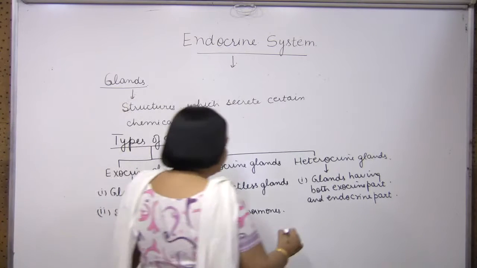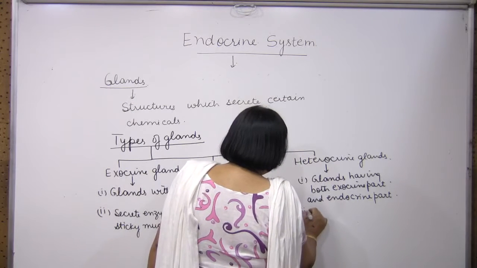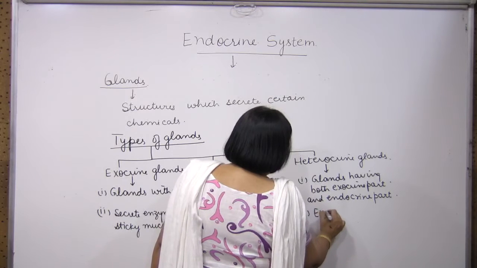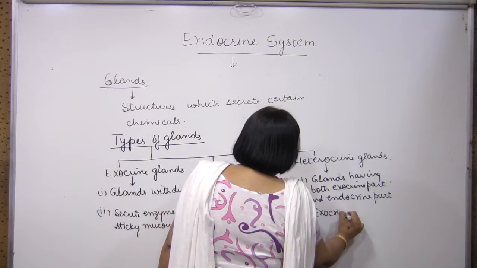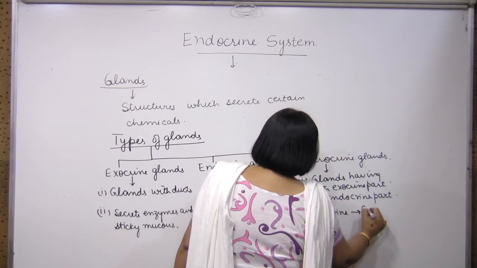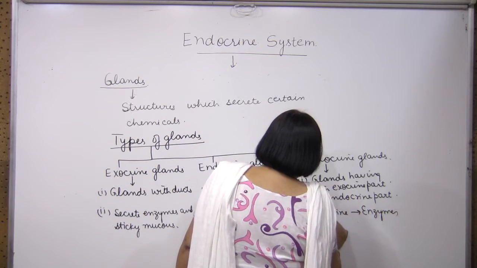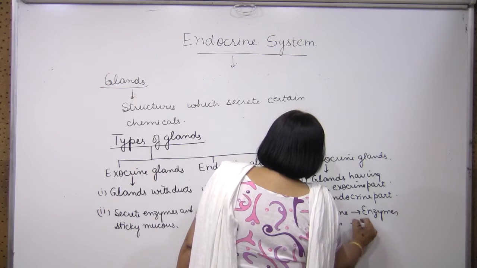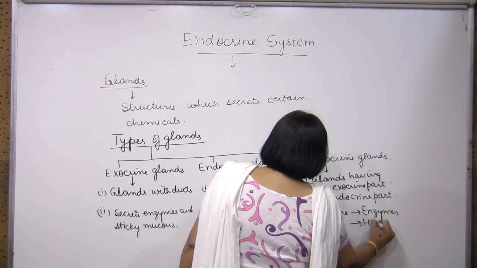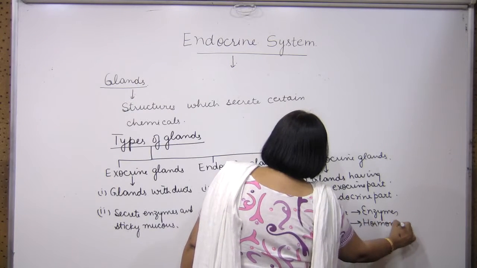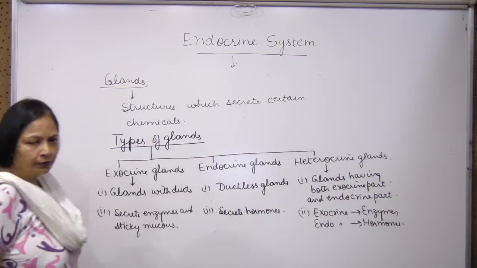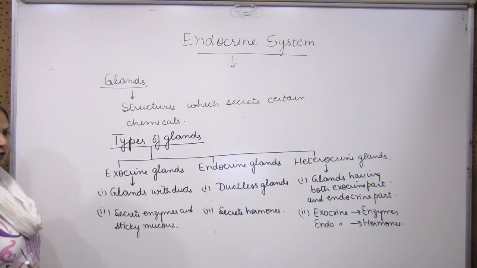In heterocrine glands, the exocrine part secretes enzymes and the endocrine part secretes hormones. Right? Note it down.